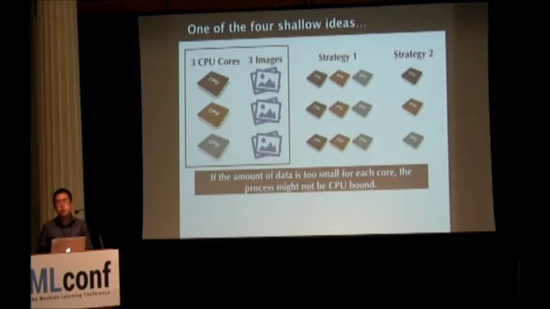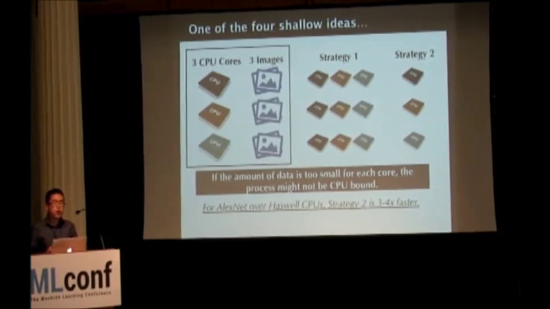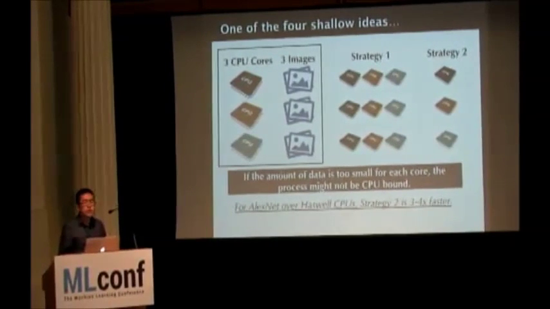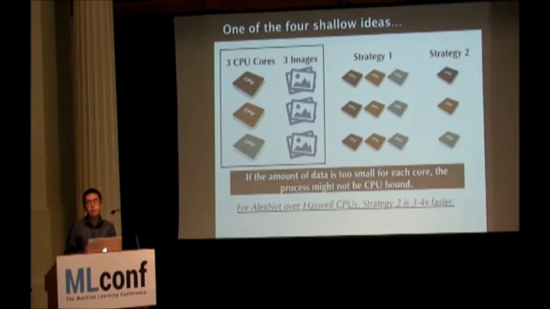And that is one of the reasons some of the CPU implementation inside Caffe cannot get a peak floating point operation per second over CPU. And for a popular neural network called AlexNet, we found that over Haswell CPUs, the second strategy could be 3 to 4 times faster than the first strategy.